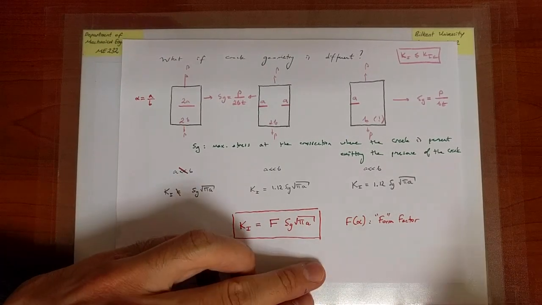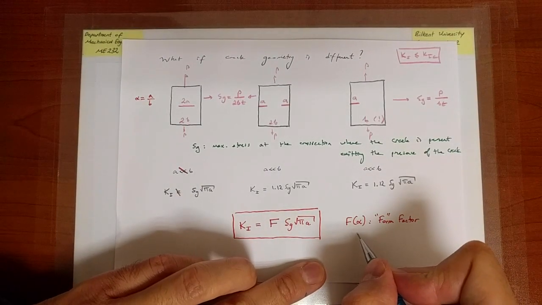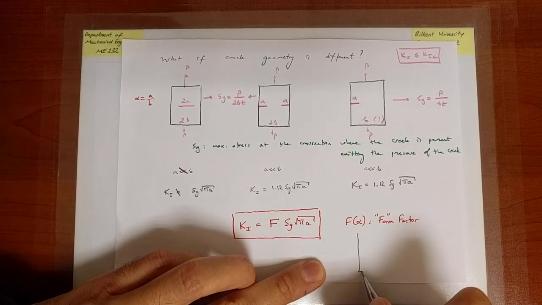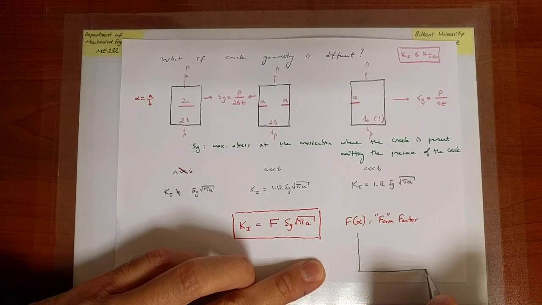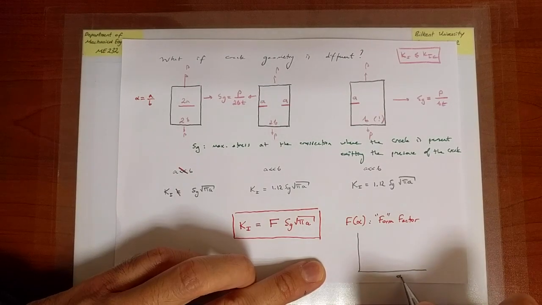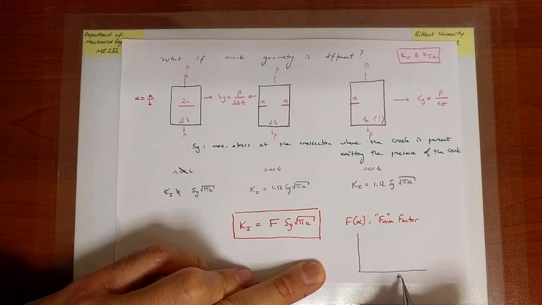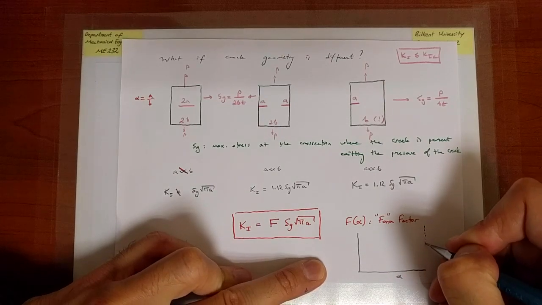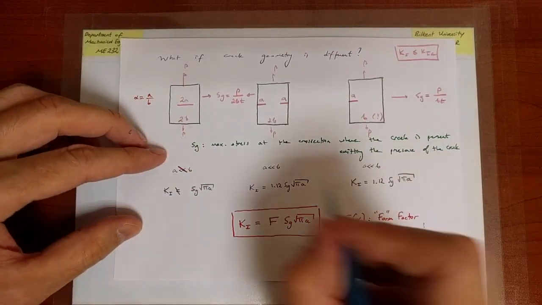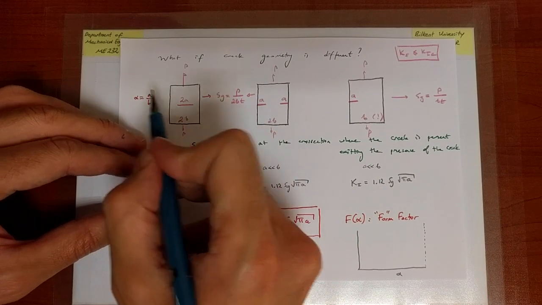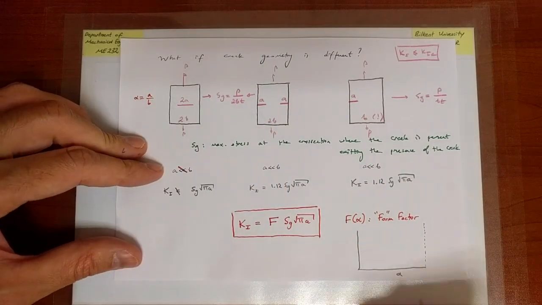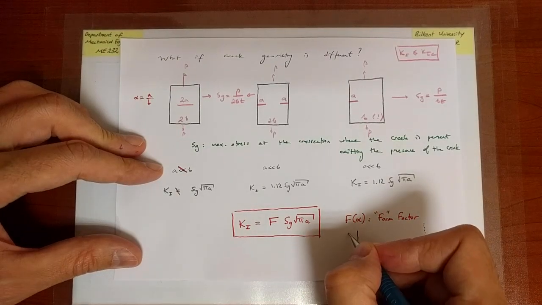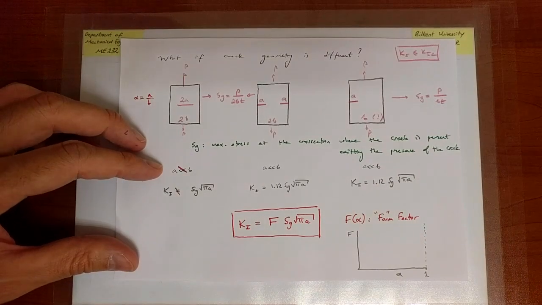We can easily draw it, and it does make sense the way it varies. So this is the value of alpha. The largest value alpha can take, obviously, is 1. That's when the crack extends through the whole cross-section, right? A is equal to B, essentially. So that's the limit, 1. And here I'm going to write the value of f.